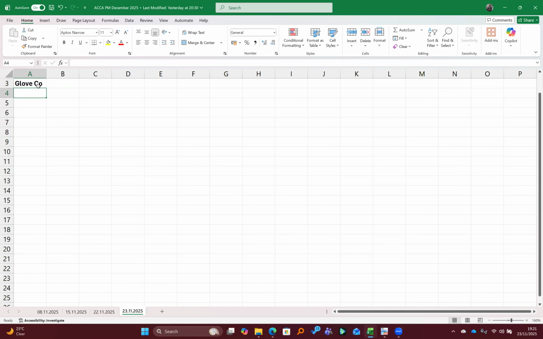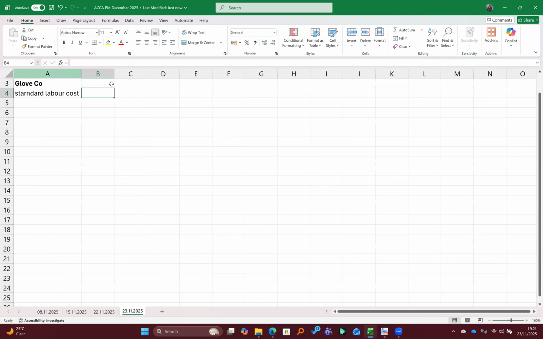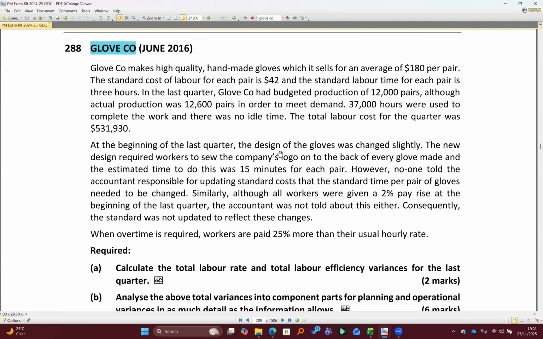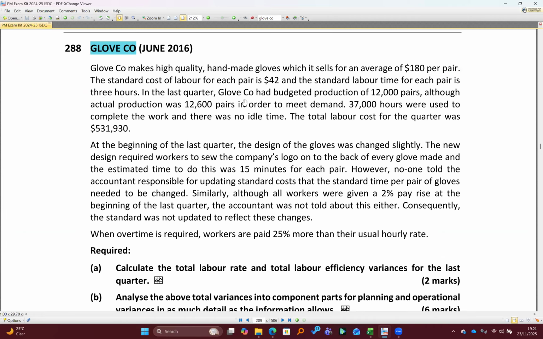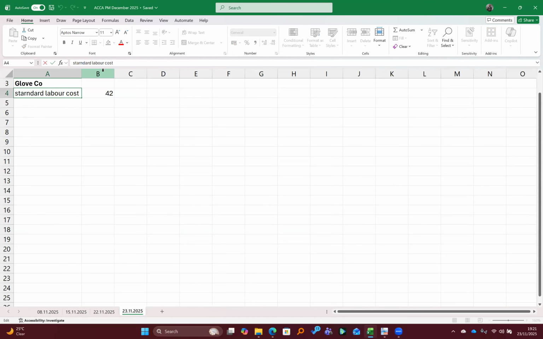We have the standard labor cost, which is 42, and this is the standard labor cost for each pair, so this is per pair.